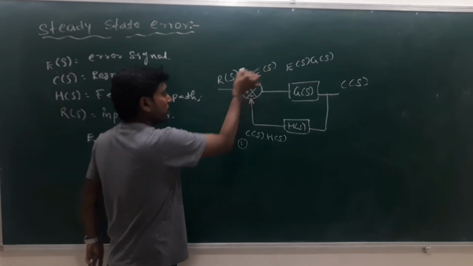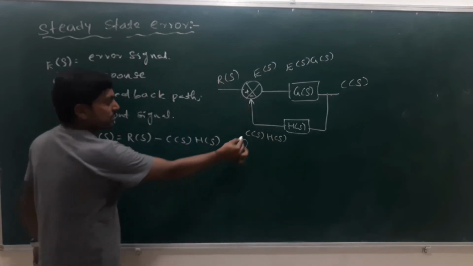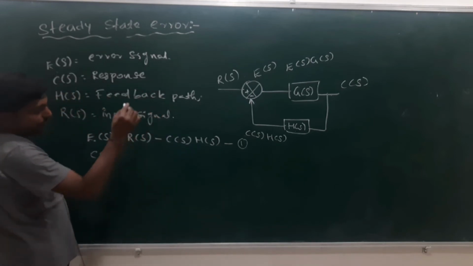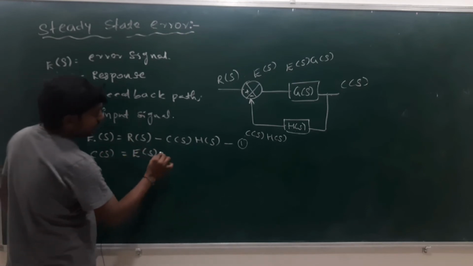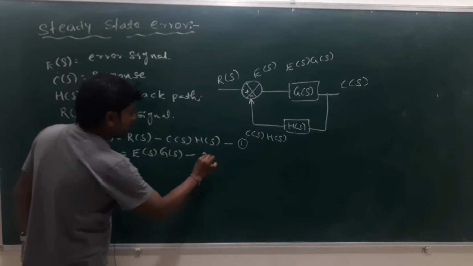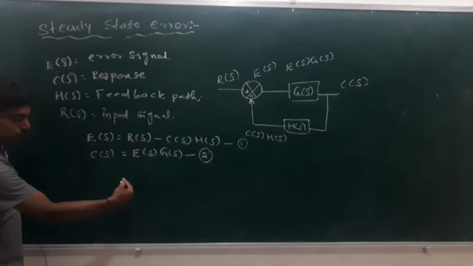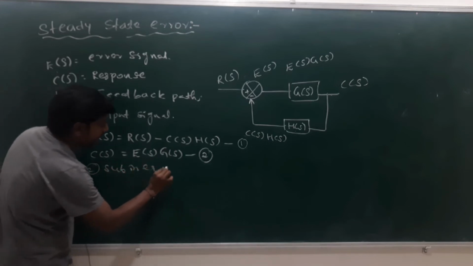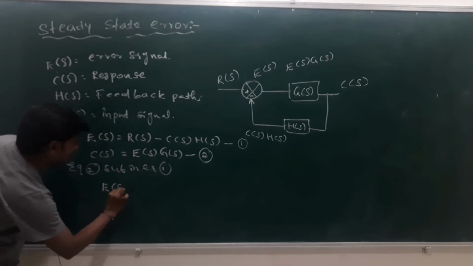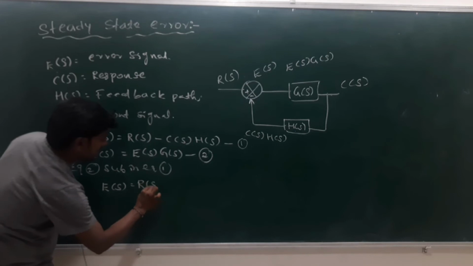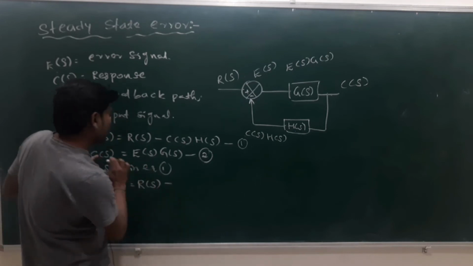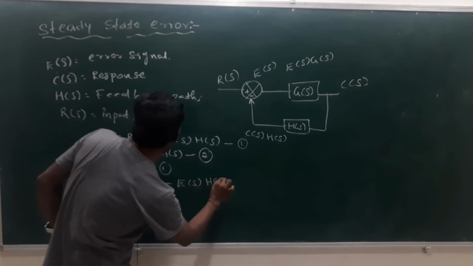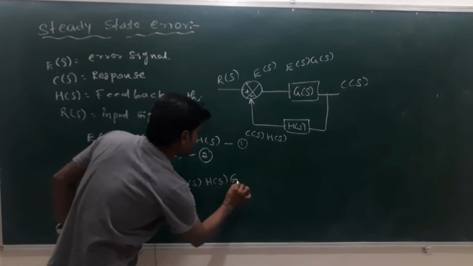Next, the response, which is the output, C(s) is equal to E(s) into G(s). This is equation number 2. Substituting equation 2 in equation 1, we get E(s) is equal to R(s) minus C(s), which is E(s) into G(s) into H(s).